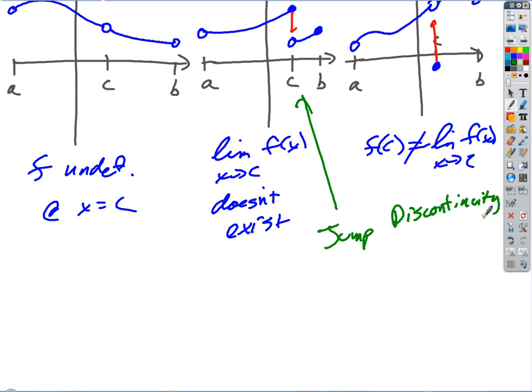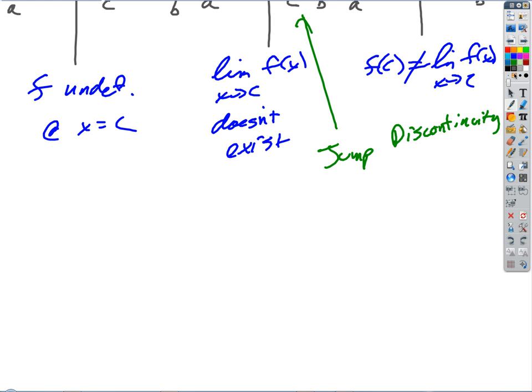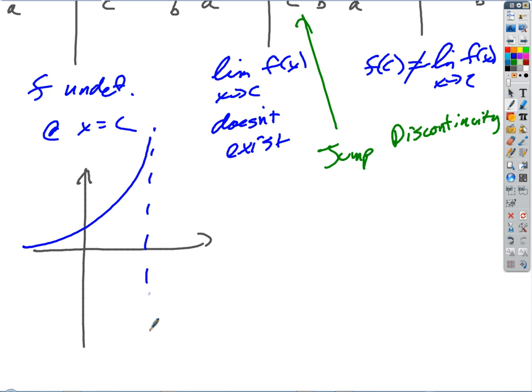But that's different from one like that, which is clearly also non-removable, right? But this is one that we call an infinite discontinuity, because you can't jump that one, right? I don't think that's really a super important distinction, but it is going to come up on your assignment, okay, the math itself. So just know that those two just mean different categories of the same thing, non-removable discontinuities. Okay.